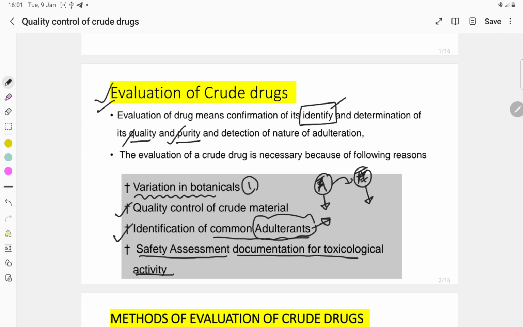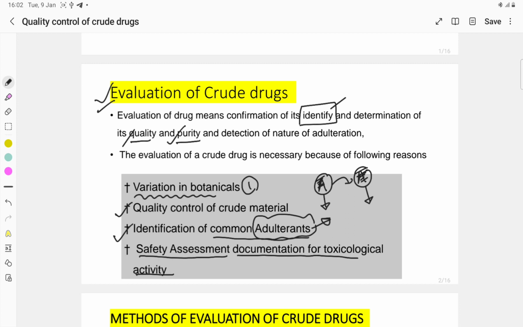People have the idea that plant derived, animal derived or natural drugs are safe, but that is not 100% right, because there are many drugs derived from plant sources, animal sources or other natural sources that also have side effects, toxic effects or undesirable effects. So it is not right to say that all natural derived drugs are safe. They also have toxicological activity.